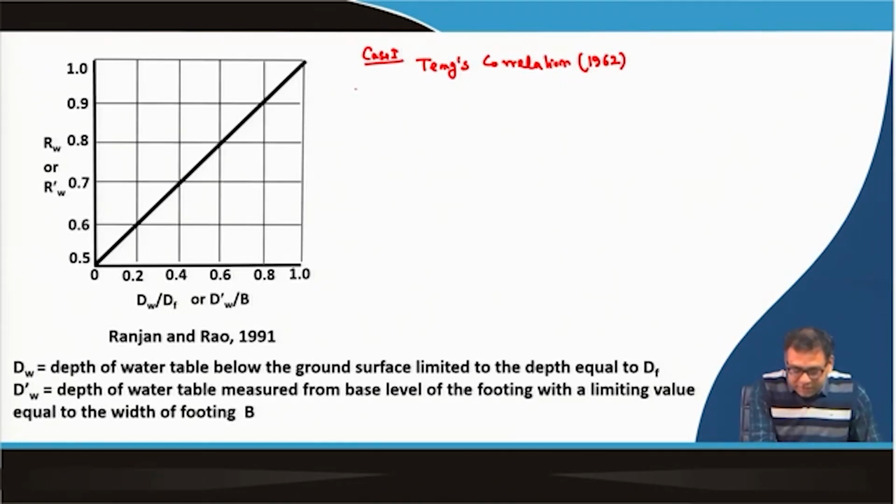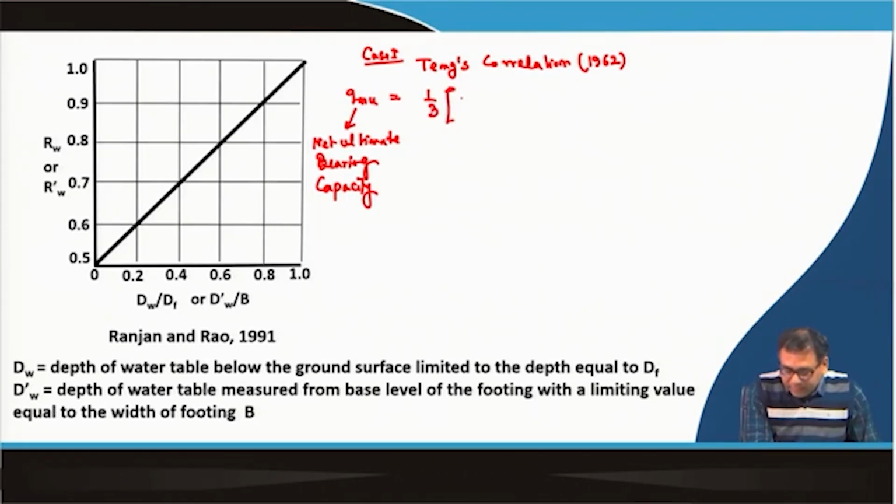As per the Teng correlation, the net ultimate bearing capacity is 1/3 N square B Rw dash plus 300 plus N square Df Rw.